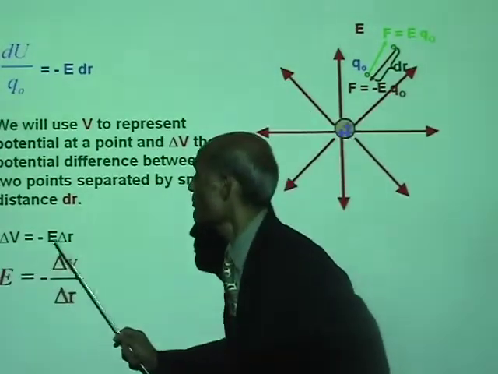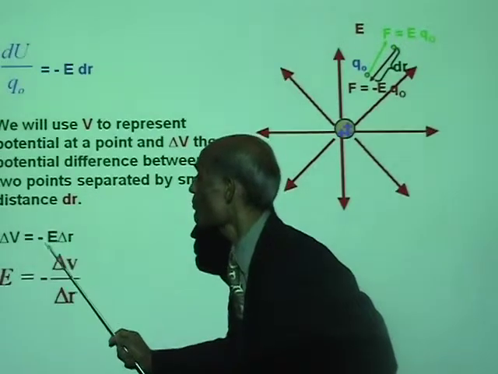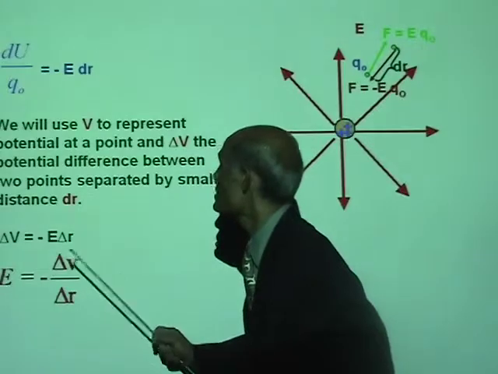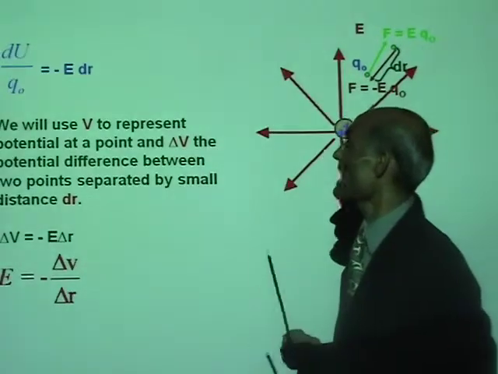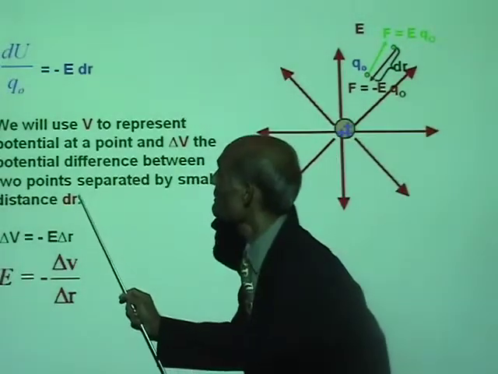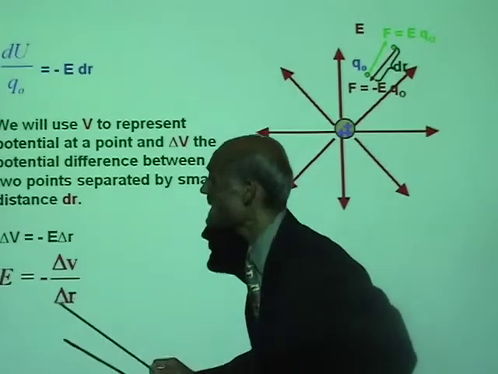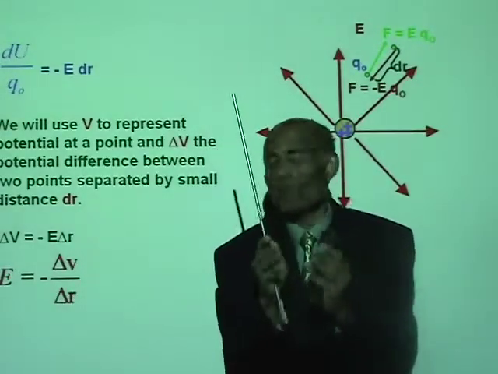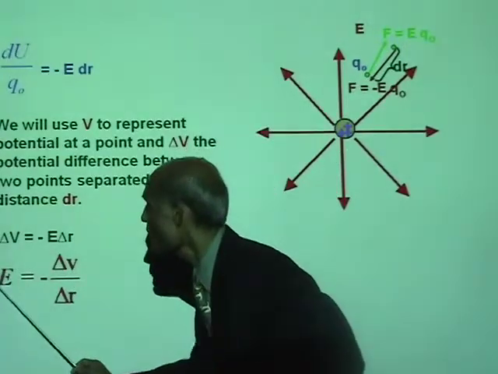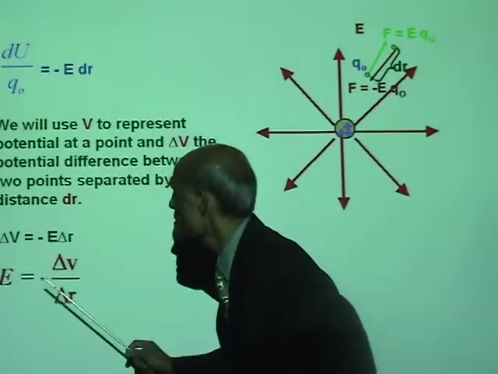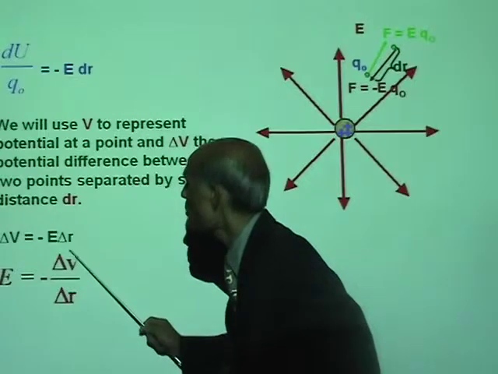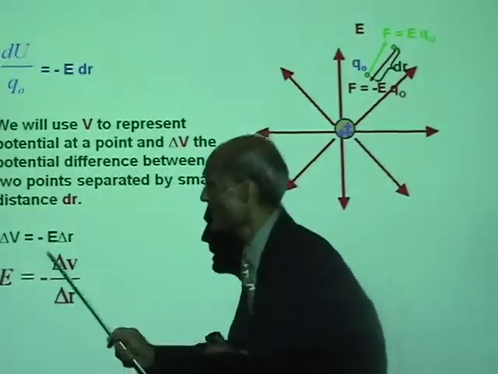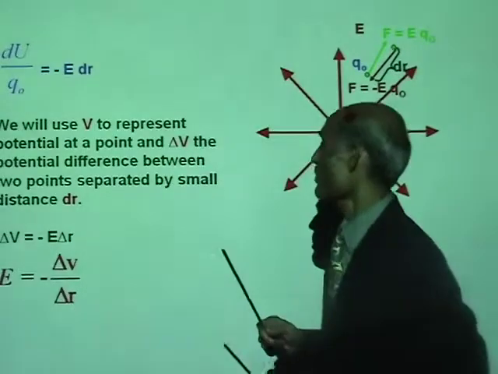So, therefore, look at the way I'm going to solve for E. Therefore, E equal to negative delta V divided by delta r. dr and delta r simply mean a small distance. So, electric field is the negative of change in potential divided by the small distance. Okay? A very important equation.